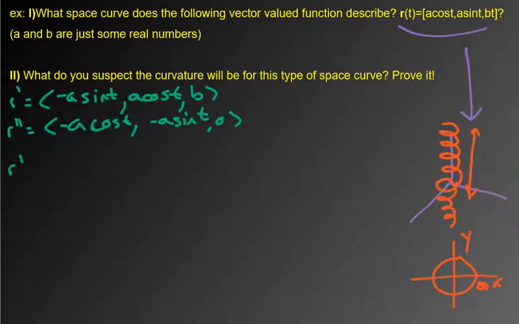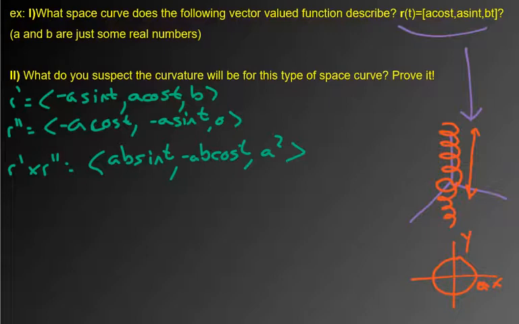So then if you do r prime cross r double prime, actually I'm just going to tell you what you get, because at this point I think you should be able to do these things on your calculator anyways. If you need help doing these on your calculator, I am more than happy to show you how that works. So that is what you should get for r prime cross r double prime.